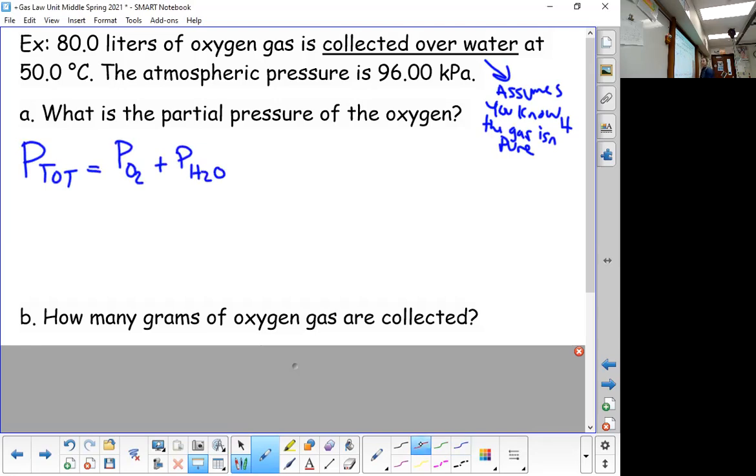How much water, though, is solely dependent on the temperature of the water. And it says it's collected over water at 50 degrees Celsius. So that's a pretty warm temperature. We have to get that value from a water vapor chart.